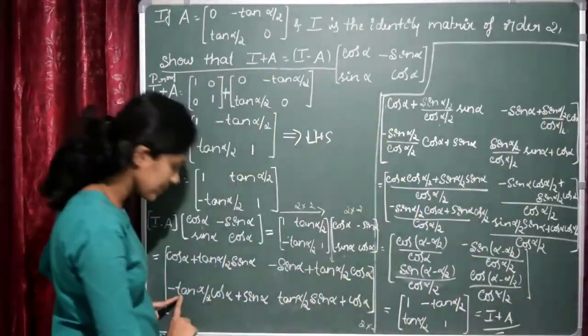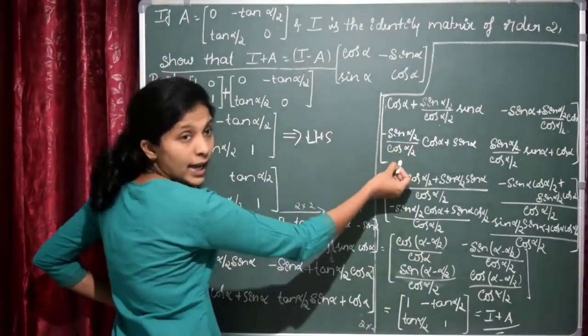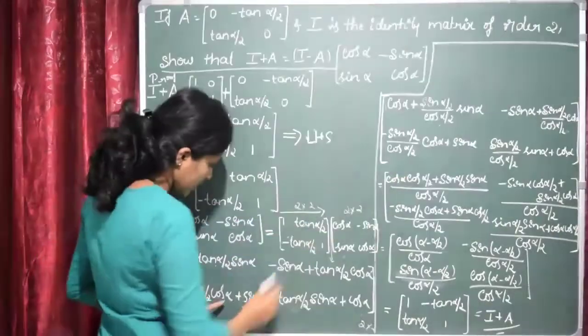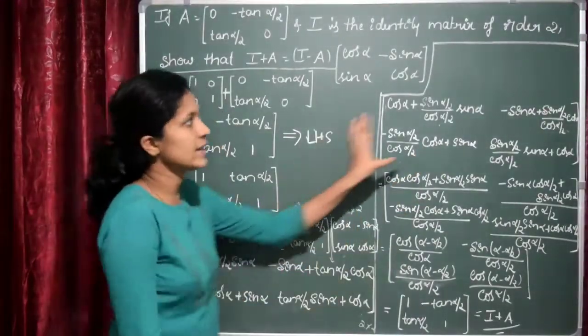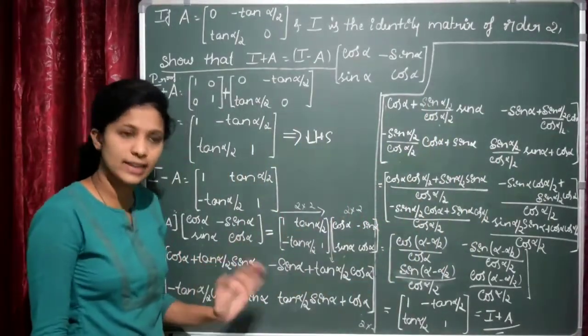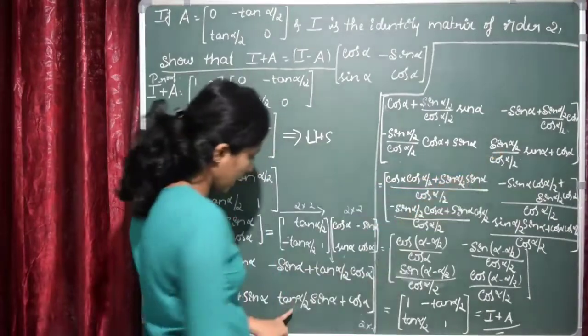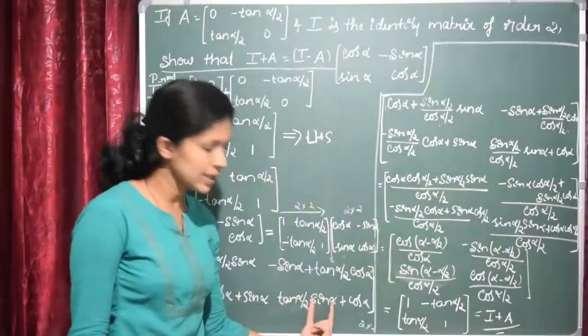Next here again same, it is minus tan alpha by 2 written as minus sin alpha by 2 by cos alpha by 2. Then cos alpha is as it is plus sin alpha is as it is. In this step just you have to represent tan as sin by cos. That's it. Last term will be now tan alpha by 2, that is sin alpha by 2 by cos alpha by 2. Remaining terms as it is.